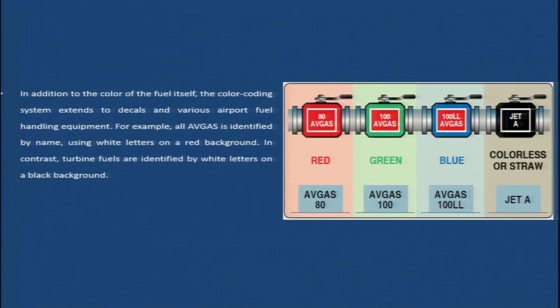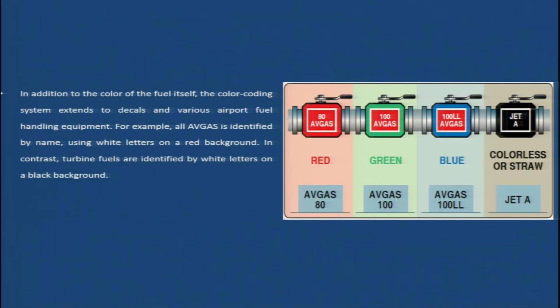In addition to the color of the fuel itself, the color coding system extends to decals and various airport fuel handling equipment. So, apart from the fuel itself, the placarding and these decals are also mentioned on the equipment, on the lines through which these fuels will be used.